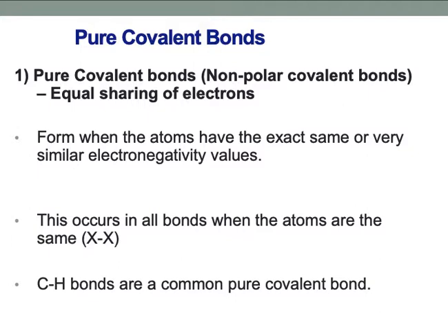So a pure covalent bond is equal sharing of electrons, and it's formed when two atoms have the exact same or very similar electronegativity values. So this would be any kind of diatomic element, and we consider carbon to hydrogen to be a pretty pure nonpolar covalent bond. There's an electronegativity difference, I believe, of 0.4 or 0.3, something like that.